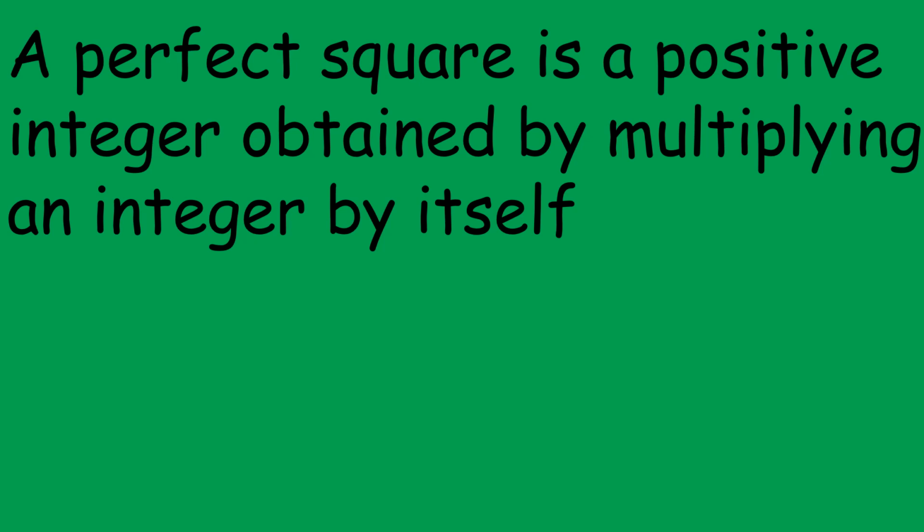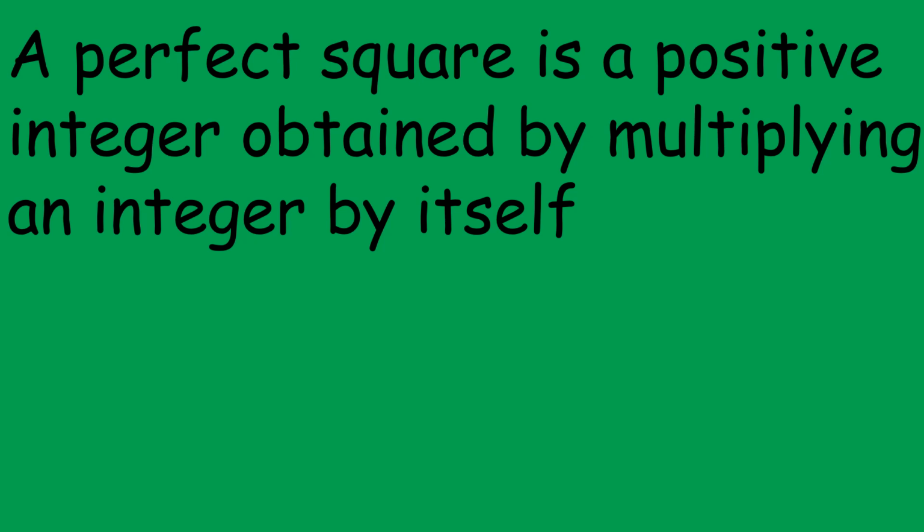An integer is simply a whole number, and that whole number could be positive, negative, or even zero. That tells you and me that it is not a fraction and it doesn't have a decimal.